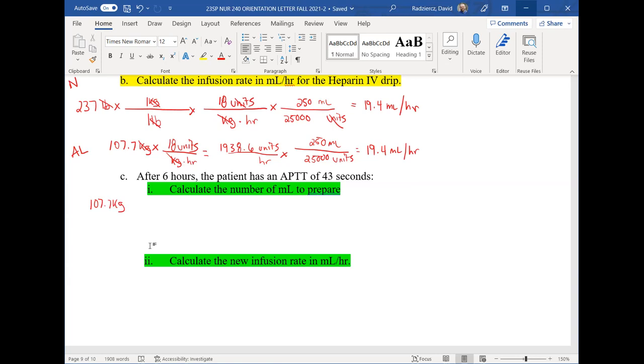Now, if it's the first time you're seeing it, then you're going to have to convert the patient's weight in pounds to kilograms, if that's what it tells you to do. Now, remember, I changed this question up to be 237 pounds as opposed to the 110 pounds that's listed there. So just keep that in mind. So 107.7 kilograms. And we're going to go with, instead of 80 units, 40 units per kilogram.